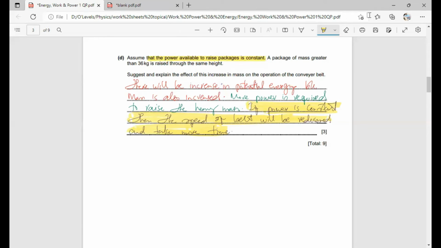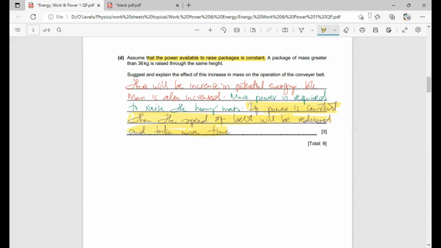But according to the question the power availability is constant, so the speed will be reduced and it will take more time. So this is three reasons. Number one, there will be an increase in the potential energy because the mass is increased, so more power is required. The second one, if the power is constant, the speed of the belt will be reduced and it takes more time.